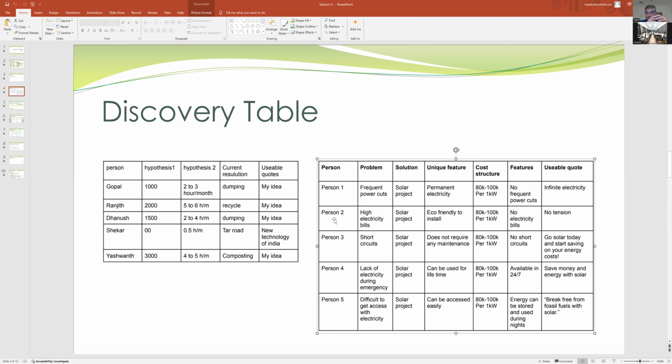If the customer segment you're going to target is rural villages, then the question becomes, are they willing to pay this 80K, 100K rupees per kilowatt? If the answer is no, they don't have the resources for that, your solution is useless. There's no one to pay for that.